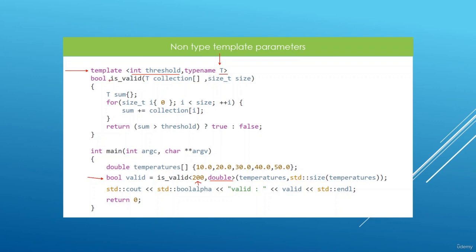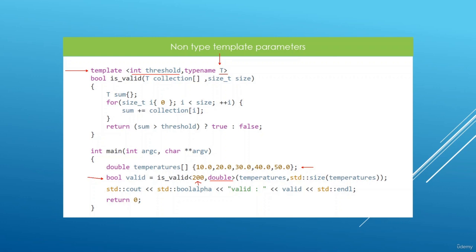This is a function we have set up which is going to tell us if a collection of types is actually valid or not. Suppose we have an array of temperatures here. And for whatever research we are doing, we need to know if a set of temperatures is valid or not. And suppose a set of temperatures is going to be valid if the sum of all the temperatures in our array is greater than 200.